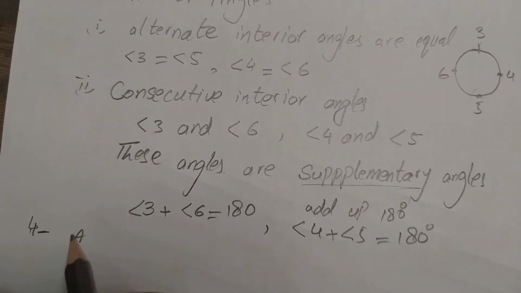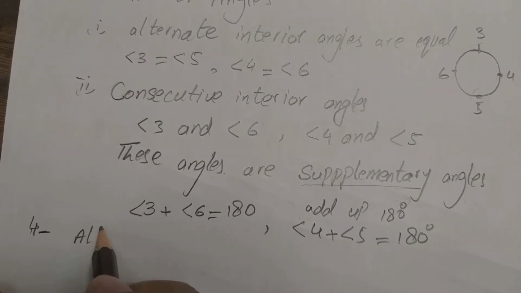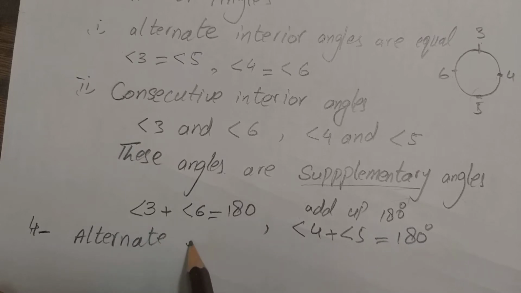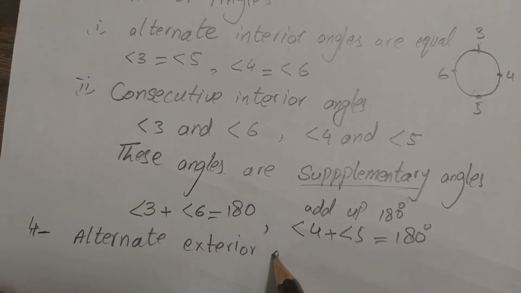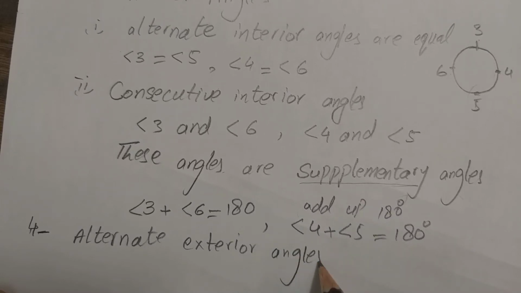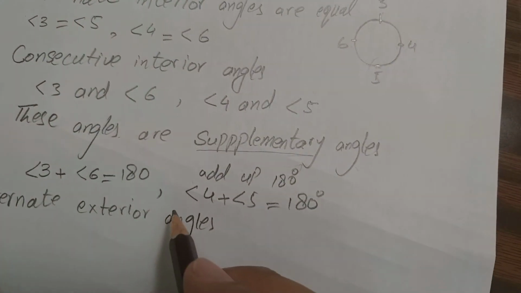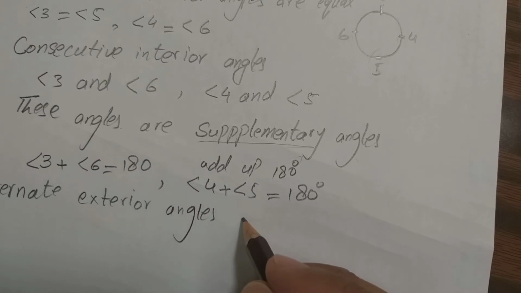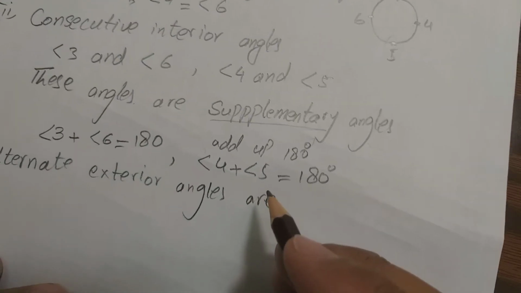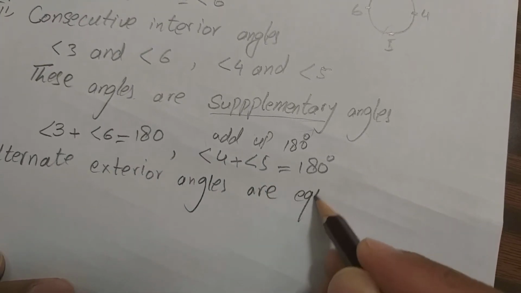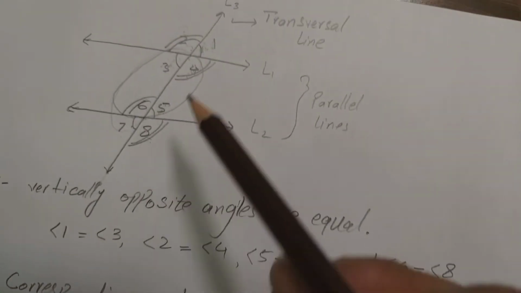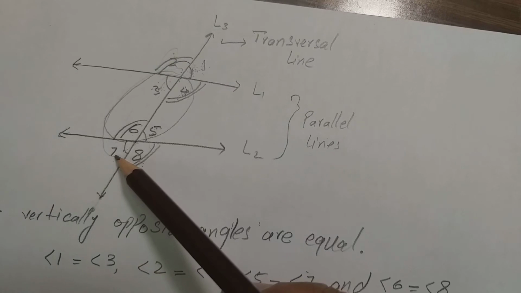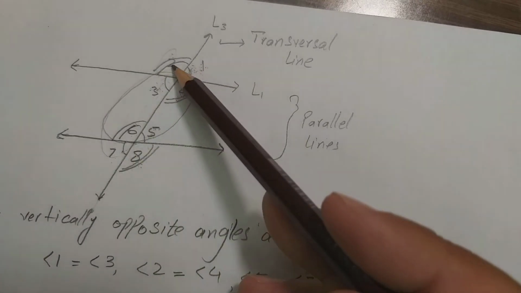Alternate exterior angles are equal. So it means angle 7 equals angle 1, and angle 8 equals angle 2.